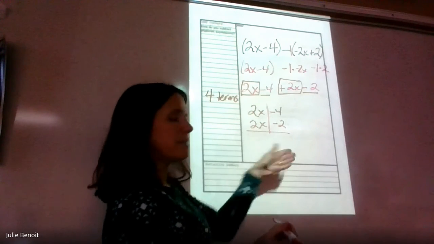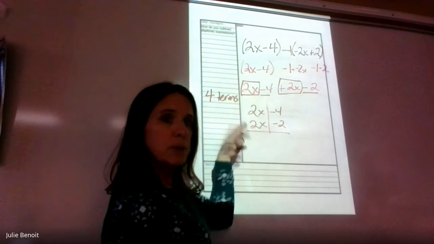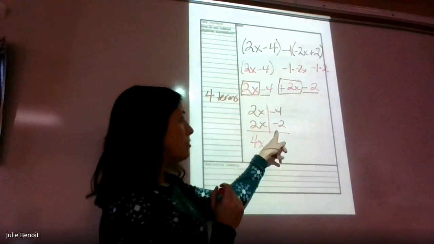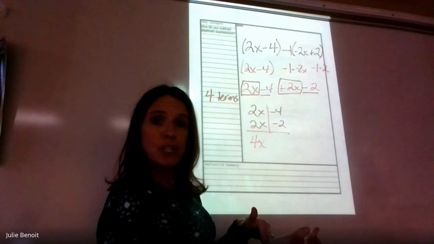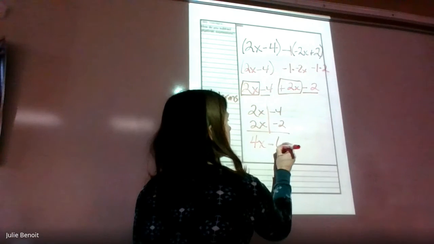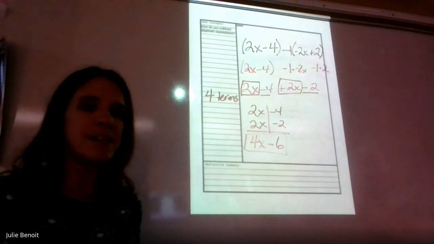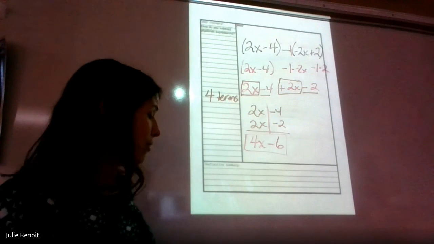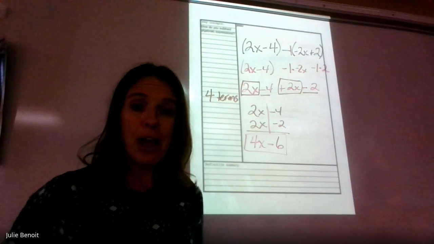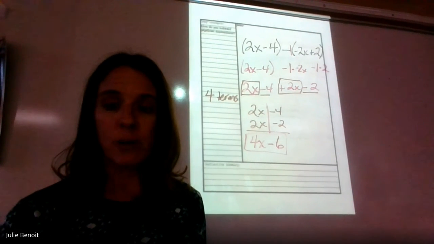Variable terms, constants. 2x plus 2x, 4x. It's a party. This is also a party, a -4 and a -2. Add them and keep the sign. It's a -6, so we write it as -6. We stop there because we don't know the value for x, so we can't solve. We're just simplifying through subtraction. If you have any questions, reach out and ask.